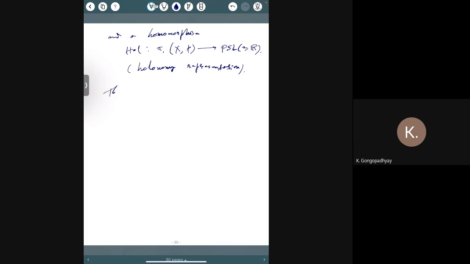So the pair dev, hol characterizes the hyperbolic structure.